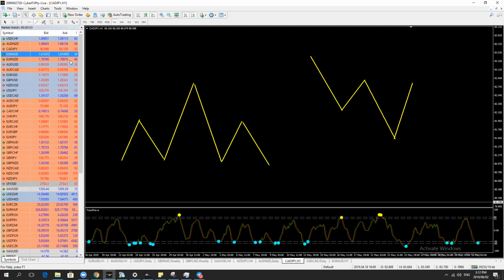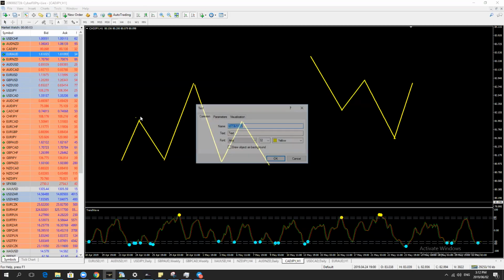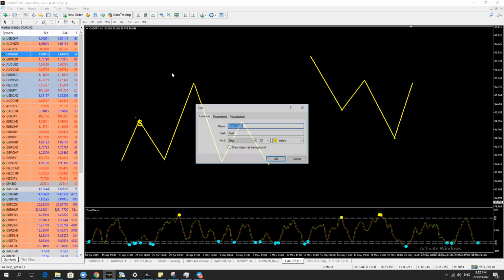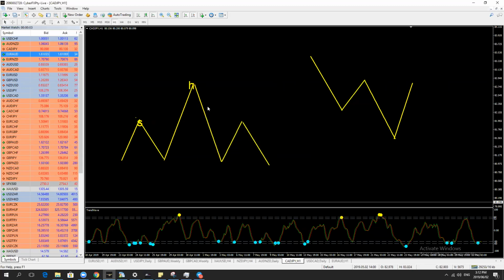So let's say I'm identifying a head and shoulders, right? This is the shoulder, and then that's the head, and I feel that it's gonna start retracing there.